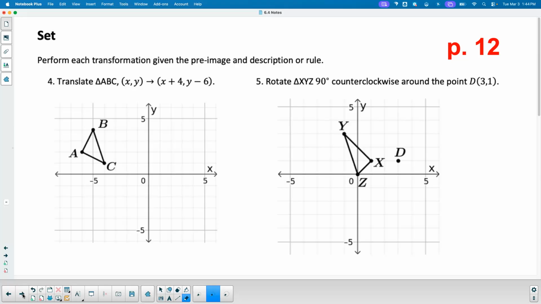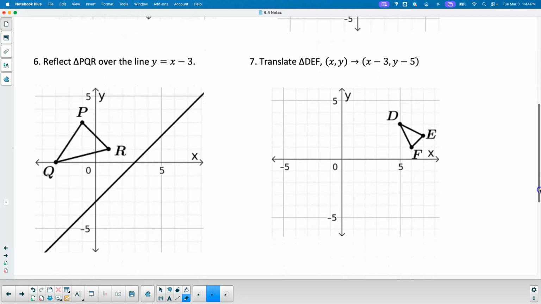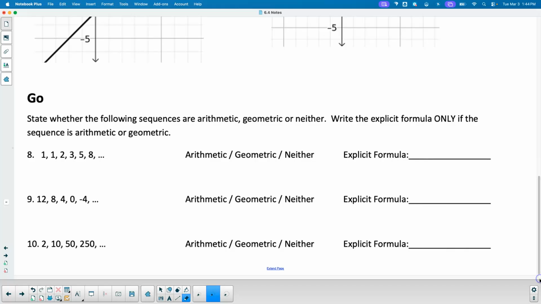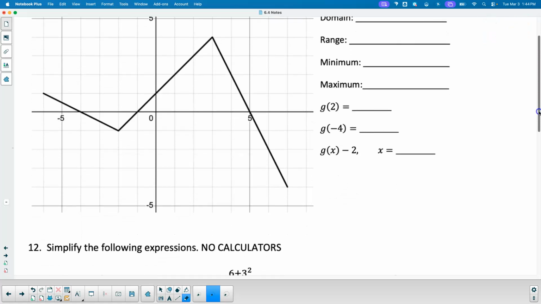For number 4, we're just doing those different transformations. 5, 6, and 7, doing all those different transformations. 8, 9, and 10 is all about if it's arithmetic, geometric, or neither. That's first semester learning, cyclical stuff. And number 11, domains and ranges, maximums and minimums, finding values of the functions at that.